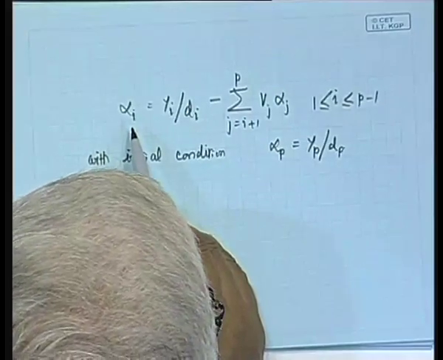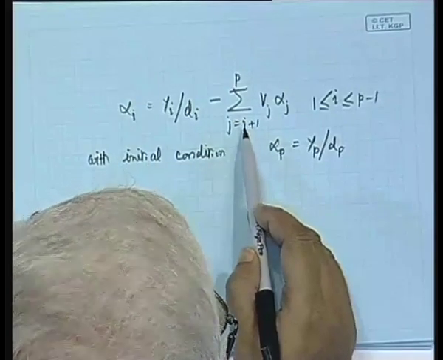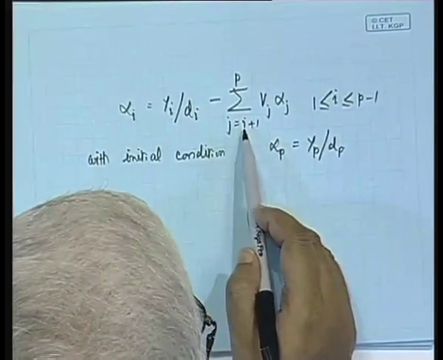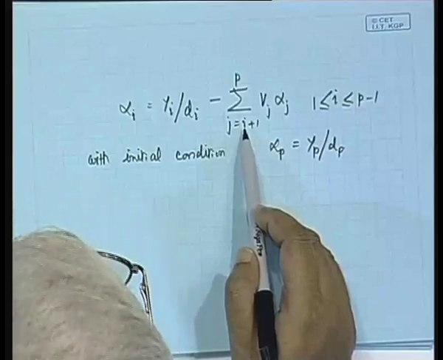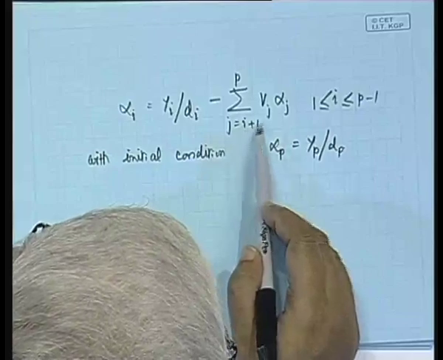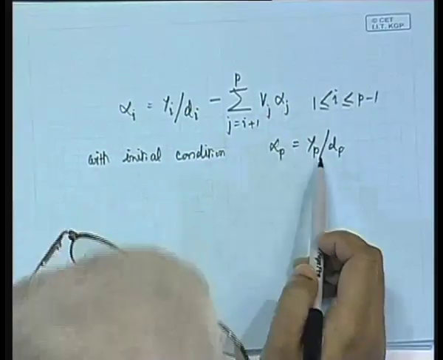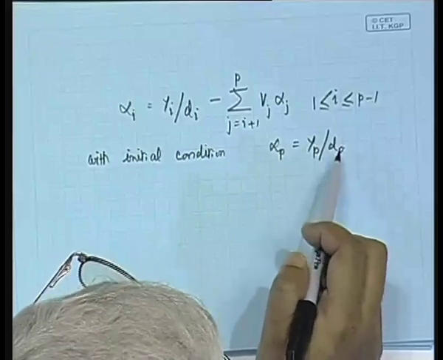When you put i equal to p minus 1, there is only one term in the summation, with j equal to p. So, it will be Vp into alpha p, and alpha p is known to you from the initial condition.